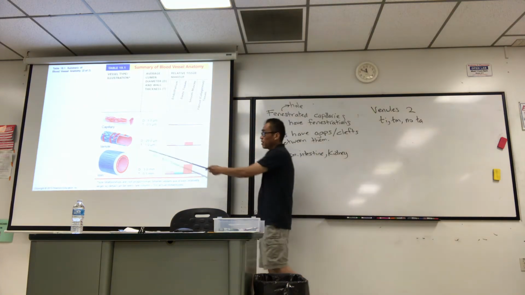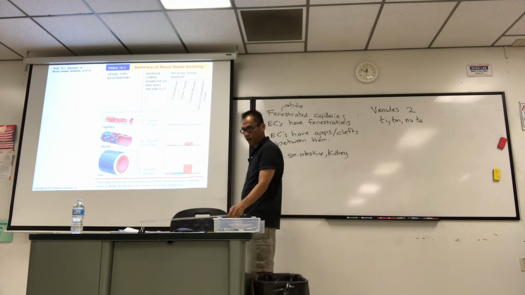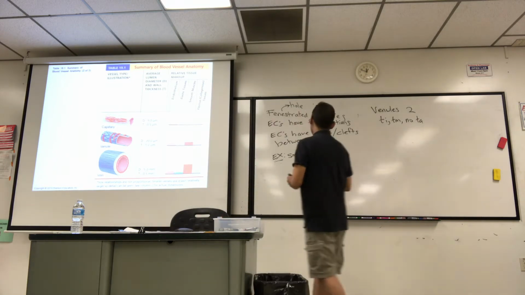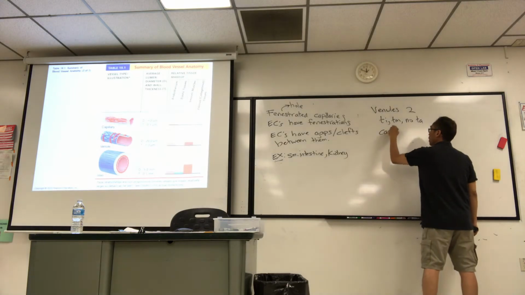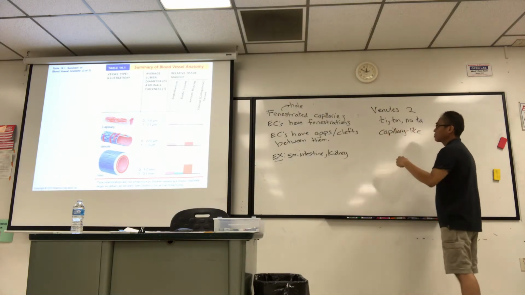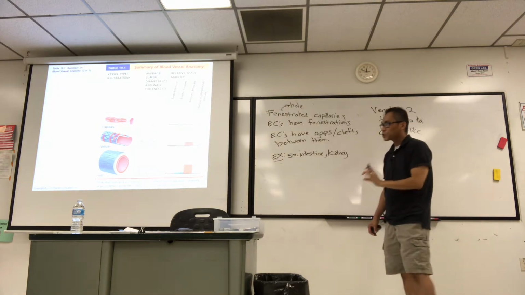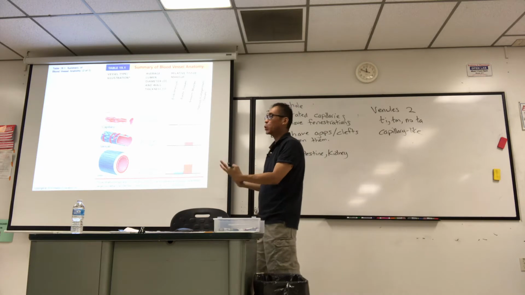So that's how they draw it. You know, the venules, they're capillary-like. They're able to pick up a lot of things that have been exchanged. They're almost capillaries themselves. You're just starting to add smooth muscle cells. So we call them venules.